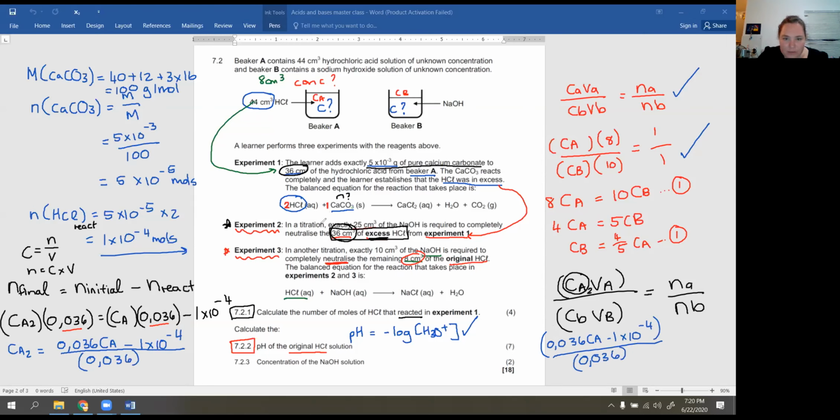Va, in this step, was going to be the excess HCl. So we can go and multiply this by the 0.036. Okay, you'll see that those cancel out. The concentration of our base, we don't know, but we know that it's 25, so it's 0.025 times, I guess I didn't have to convert these across, but it's okay, 0.025 multiplied by the concentration of base, and that gives me a ratio of 1 to 1.